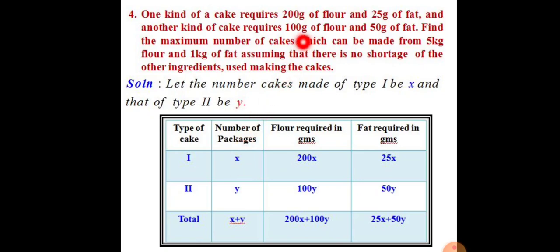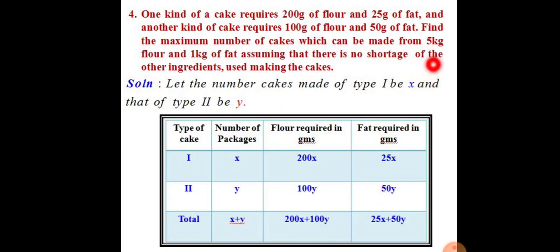So see here, 200 grams of flour and 25 grams of fat. So for type 1 we need 200x grams of flour and 25x grams of fat. Similarly for type 2 we require 100 grams of flour and 50 grams of fat.